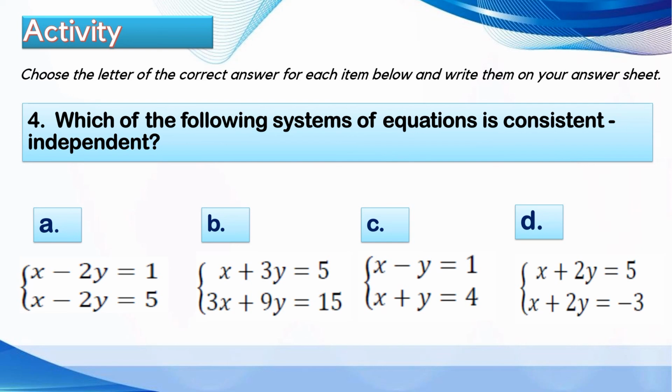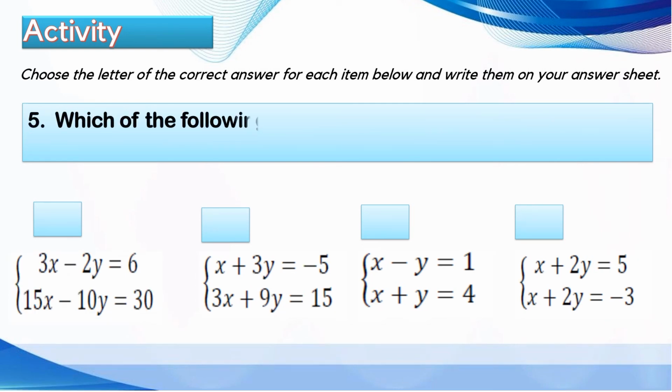Or letter D, the system of equations x plus 2y equals 5 and x plus 2y equals negative 3. And you have 5 seconds to answer the question. Time's up. The correct answer is letter C.